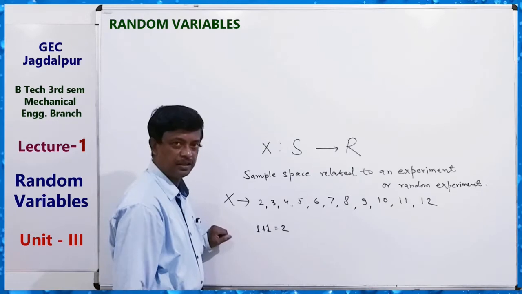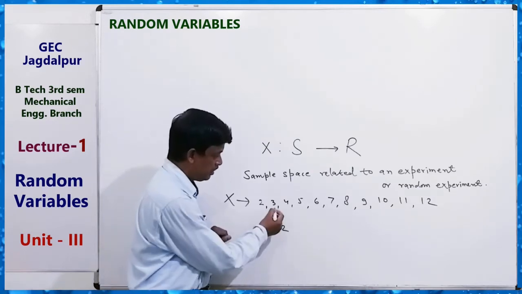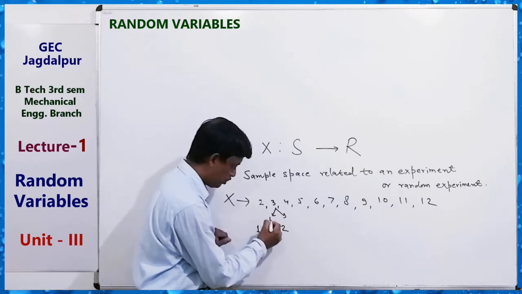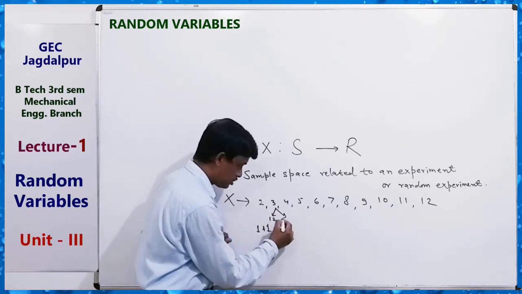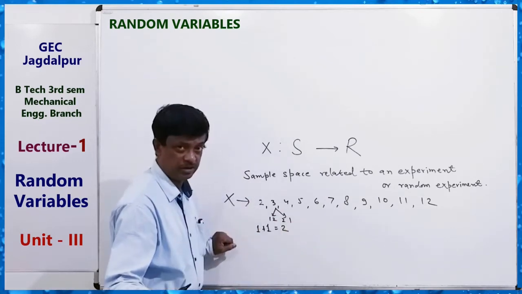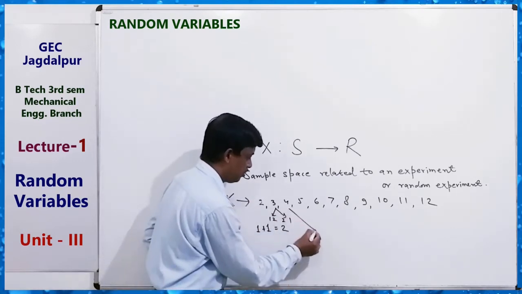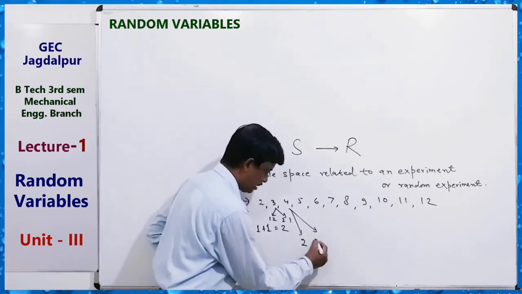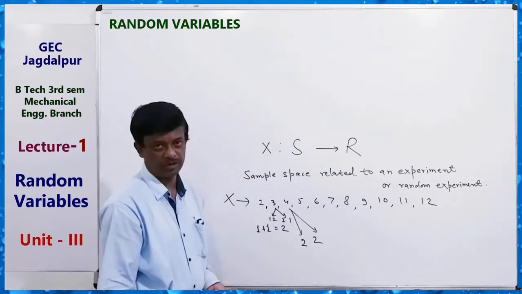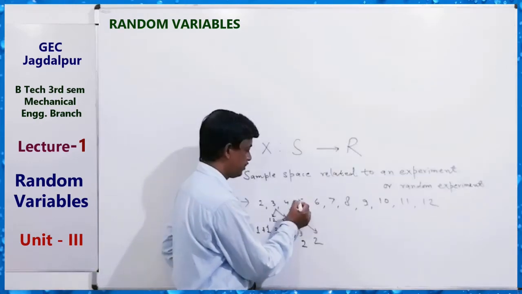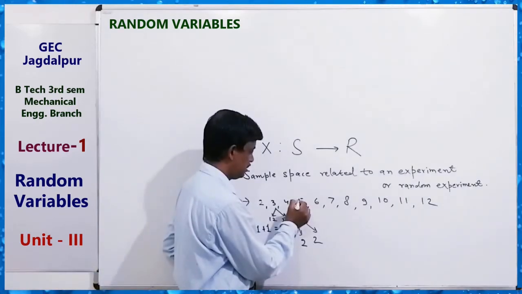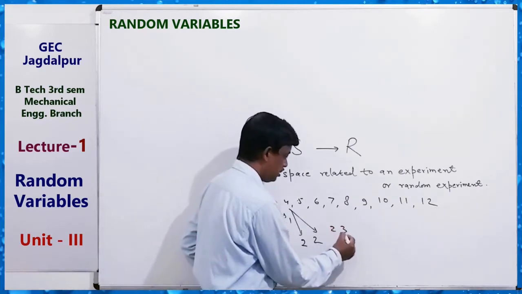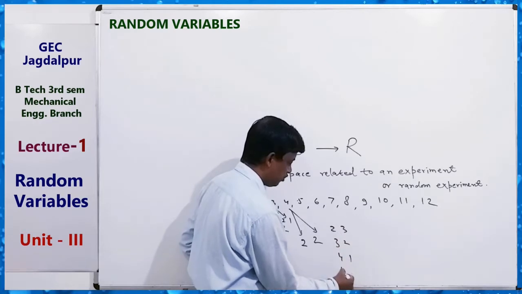For 3, the outcomes will be: first shows 1 and second shows 2, or first shows 2 and second shows 1. For 4, first shows 2 and second also shows 2, then we get 4. For 5: 2 3, 3 2, 4 1, 1 4.